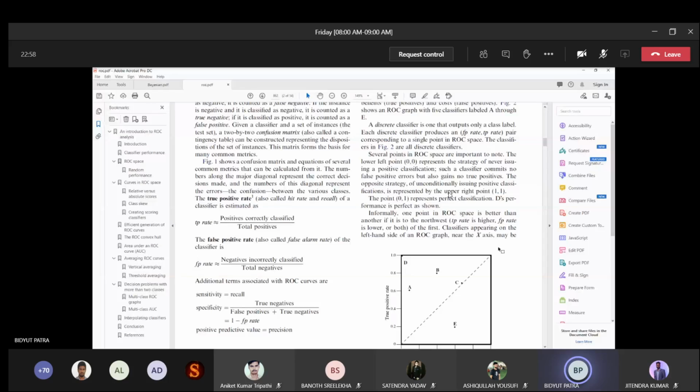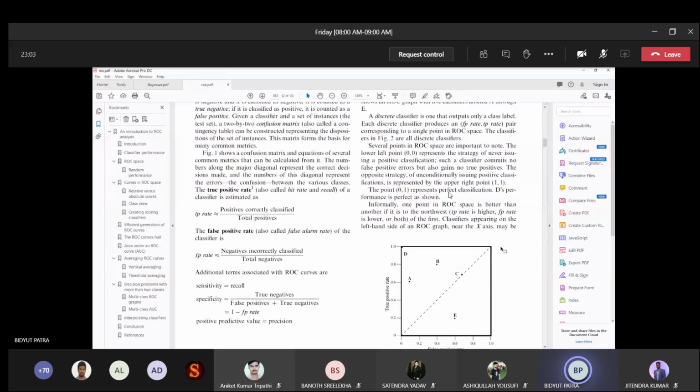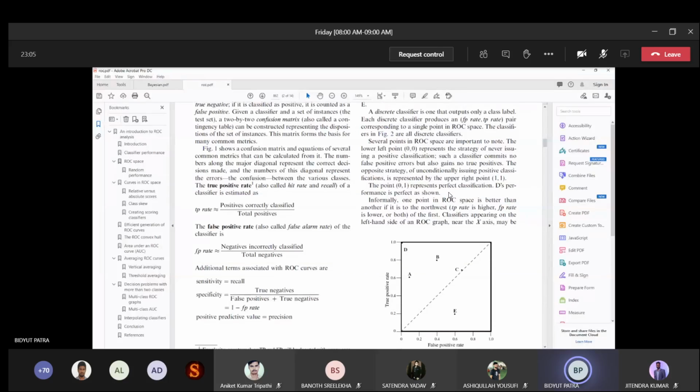In the earlier example we showed that all belong to the negative class, which is 0, 0. This is the opposite of that, and this is the scenario 1, 1. Then another scenario is 0, 1. What we really want is that the false positive rate will be 0 and the true positive rate will be 1.